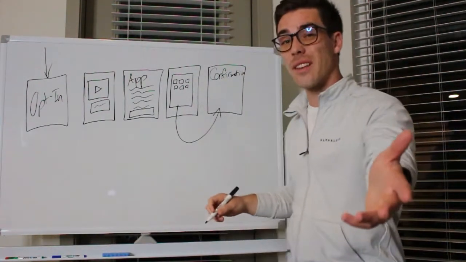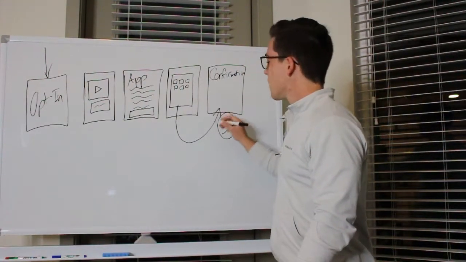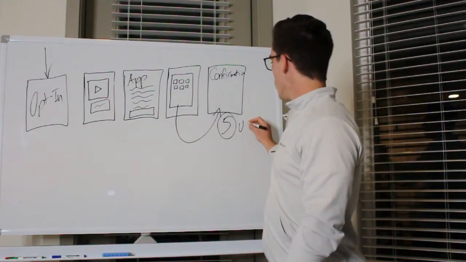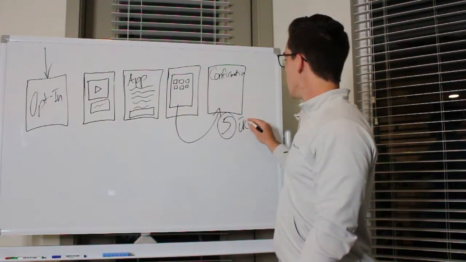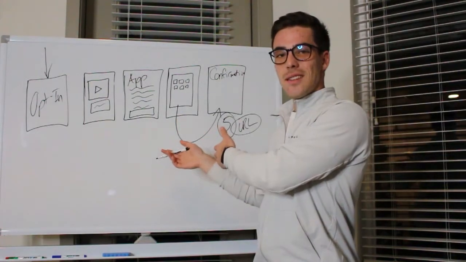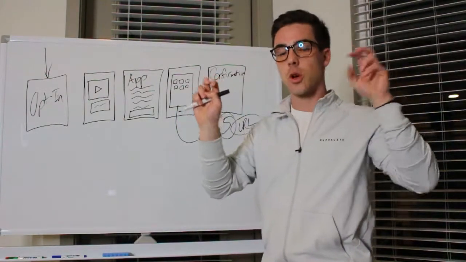So if you're using ClickFunnels, this is going to be step number 5 of your funnel. Whatever the URL of this page is, you insert that URL into your account in Calendly or Acuity or whatever as that external URL.